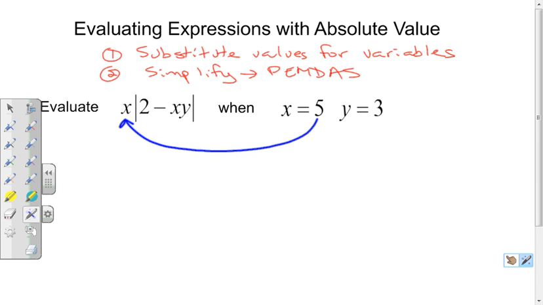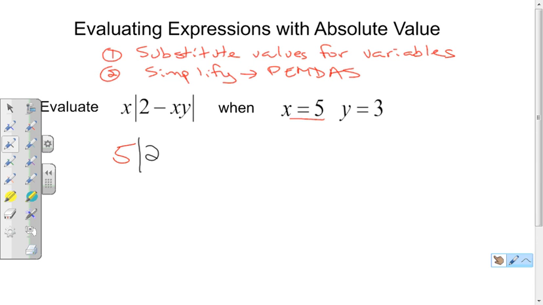So here I'm going to do that. 5, continue to write, times the quantity, 2 minus x again, which is 5. So I'll write 5 times y, which is going to be 3. Because it's multiplication, I will set it up with parentheses that will denote multiplication and then close off the absolute value expression.